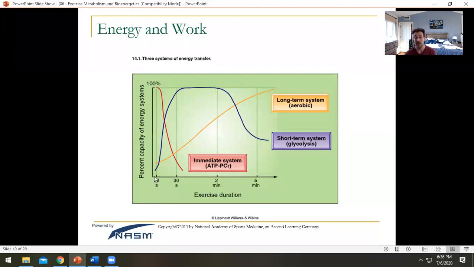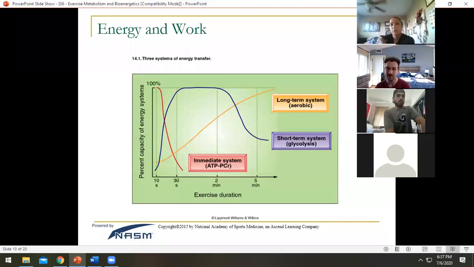When they first start that run, in that first 10 seconds, and this is the percentage of where the energy is coming from, all their energy is coming from the ATP-PC system. Say somebody was asleep, laying on the ground, and then they get up and start running. First 10 seconds, it's all coming from the ATP-PC system.